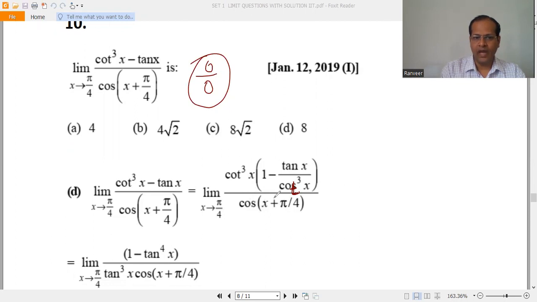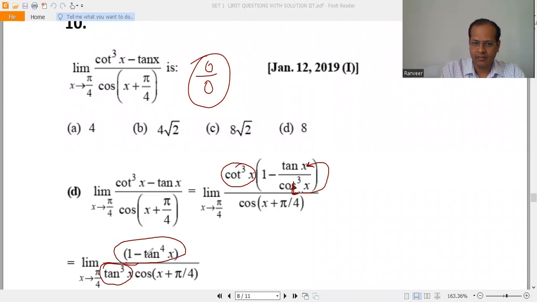Now when we take this as an LCM, here the most important step is this cot term, in the next term you see 1 by tan cube x, and this we converted in terms of tan. So this becomes 1 minus tan 4x.